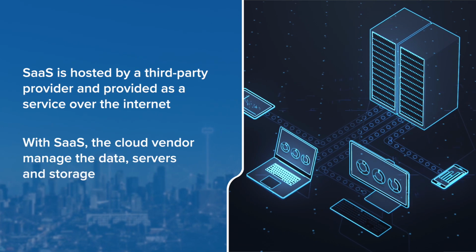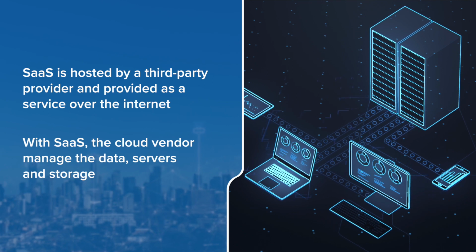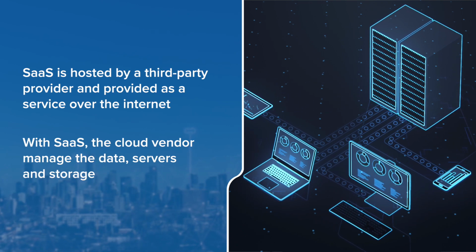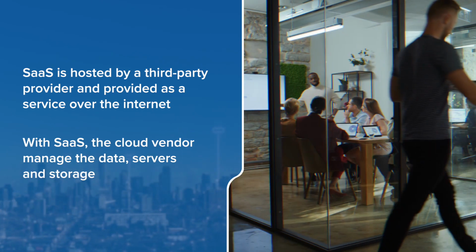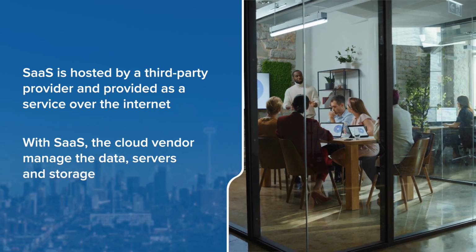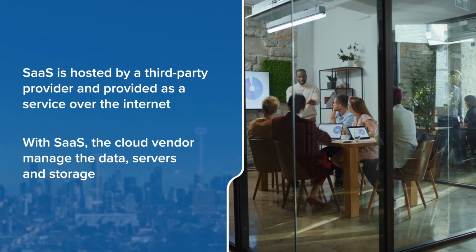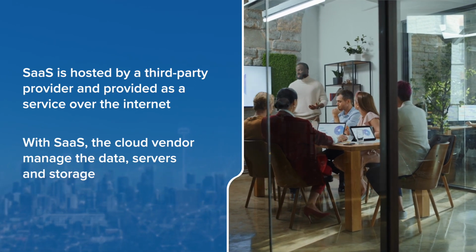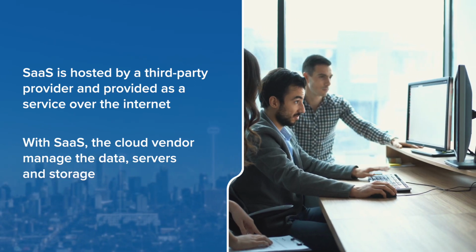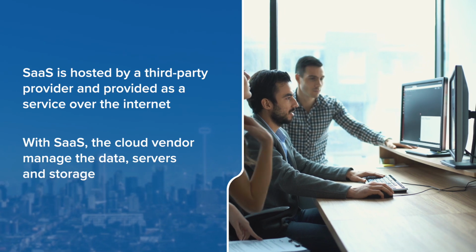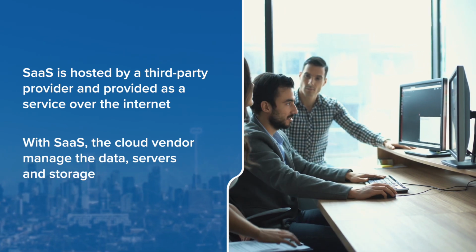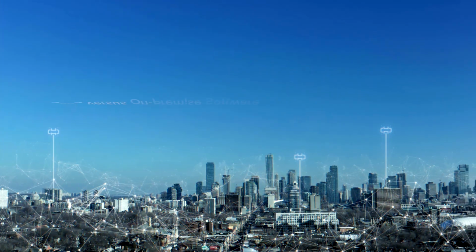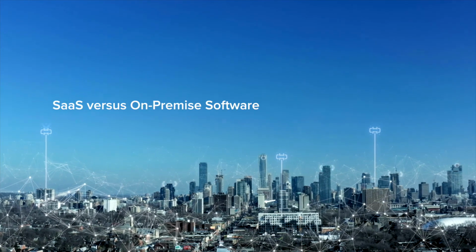With SaaS, the cloud vendor manages the data, servers, and storage. Instead of installing and maintaining on-premise software, you access it via the internet, freeing up your organization from both complex software and hardware management. So let's compare SaaS to your on-premise software.